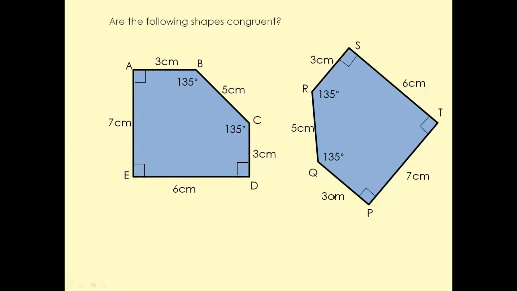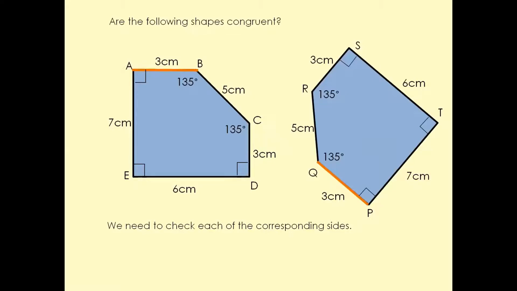So again, these are corresponding sides. 3 right angles, so corresponding angles are equal, and 2 angles are 135, 135. So all the sides are corresponding sides, and all the angles are corresponding angles as well.